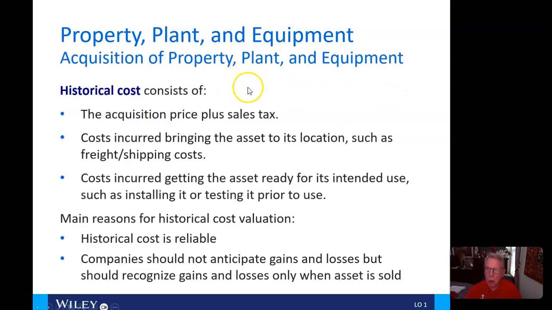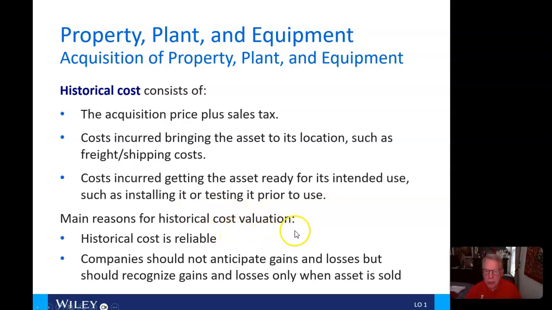All right, historical costs. That consists of the acquisition price plus sales tax, but also what students often miss is they include the costs associated and incurred in bringing the asset to its location, such as freight and shipping costs, and other costs incurred getting the asset ready for its intended use, such as installing it, or testing it, or insuring it, that kind of thing.